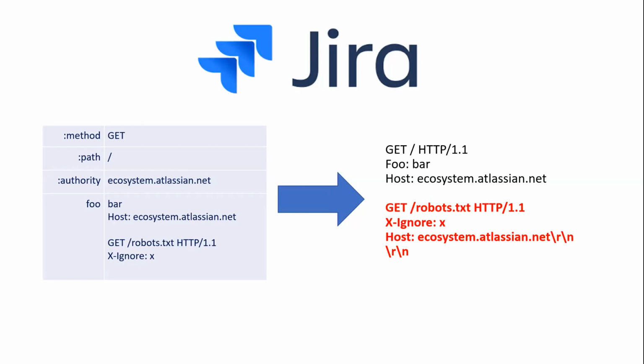But here is something interesting that happened in Jira, which was quite unexpected. He got his request translated into 2 requests. But he forgot to remove the \r\n in his second request. So he smuggled the request, but it was not prefixed to anything, because according to HTTP 1.1, \r\n means, okay, that's the end of the request.